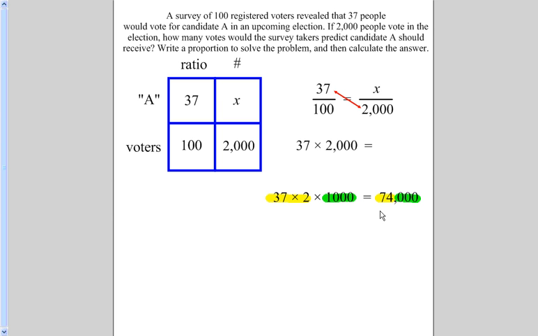So by decomposing the 2,000 and then multiplying, we make it an easier problem. So 37 times 2,000 equals 74,000.